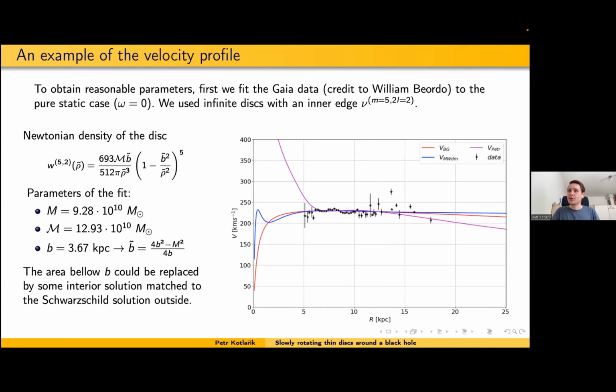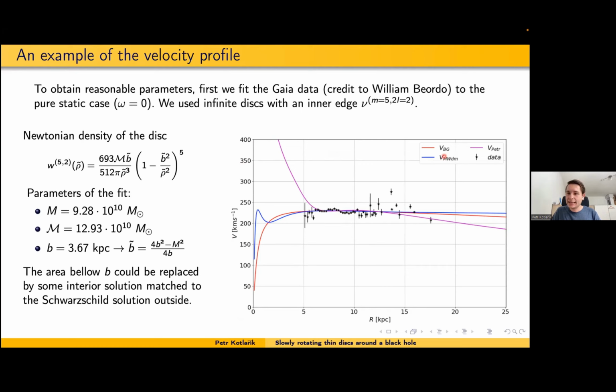So first, to obtain some reasonable parameters, we did the fitting just for the static case, and then studied if the dragging is somehow important. What you can see here are the rotational velocities. It's a very similar picture as you could see in the presentation by Dr. Crosta.